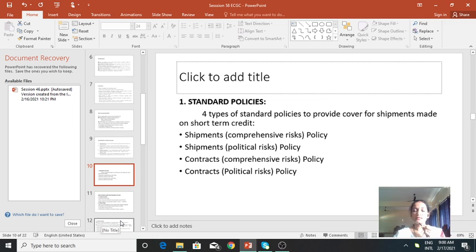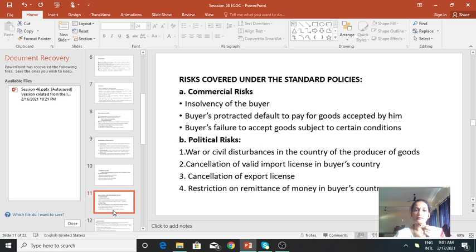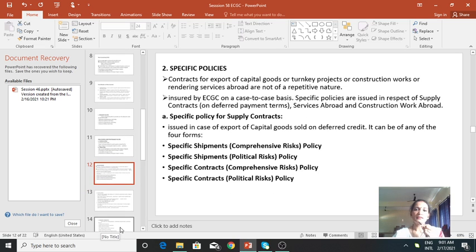So first classification is shipment comprehensive risk policy, next one is shipment political risk policy, contracts comprehensive risk policy, contracts political risk policy. Now the risk covered under the standard policies, as we have already discussed, it covers both the risks, that is commercial risk as well as the political risk.